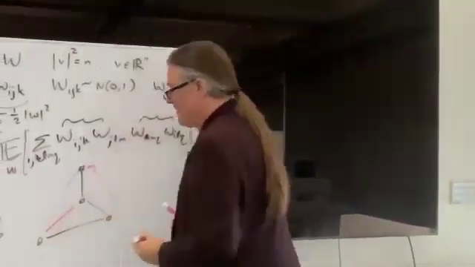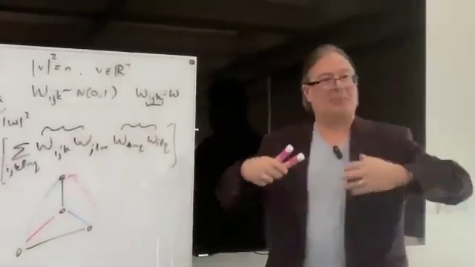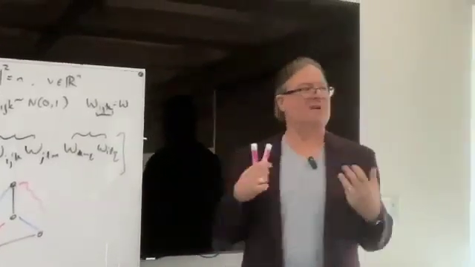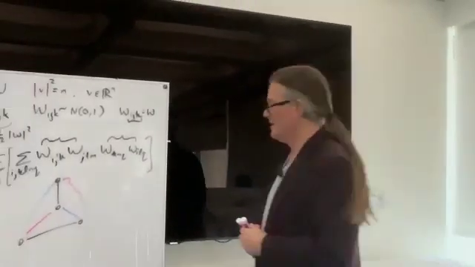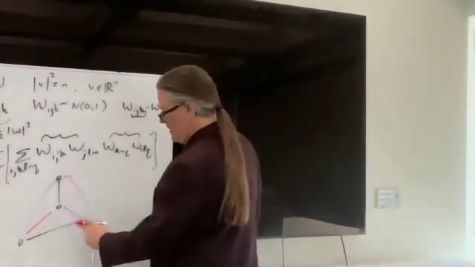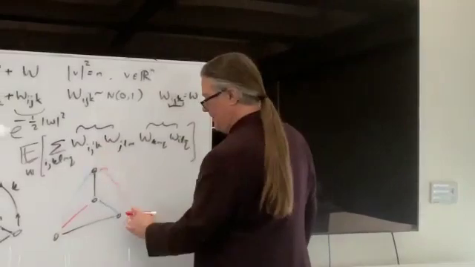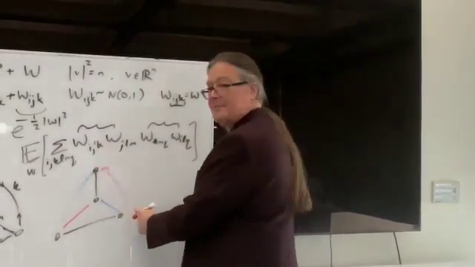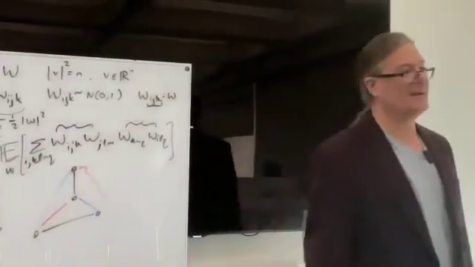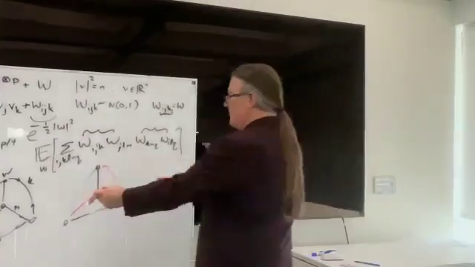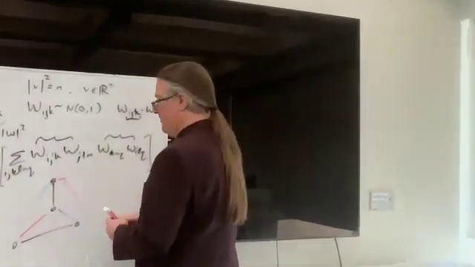But now note that every vertex has a partner with the same three colors of edges on it. Namely, this and this both have black, red, and blue. This and this both have black, blue, and pink. Okay? So this is one of the ways to color this.